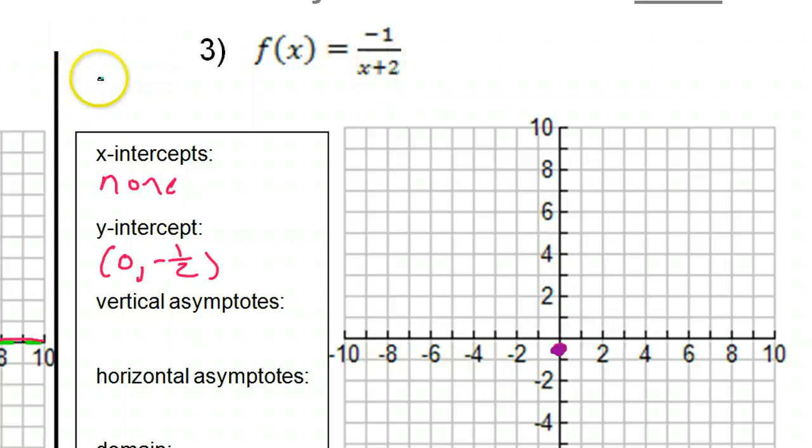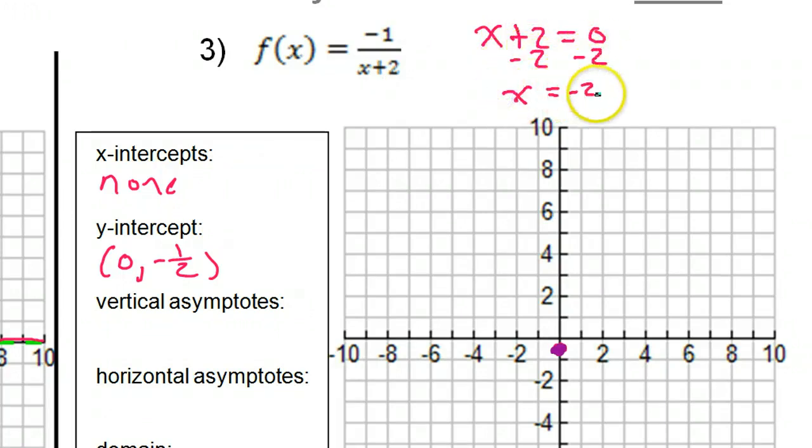That's why it's an asymptote, because that's undefined. So if x plus 2 were equal to 0, then that means x would equal -2. So there's my vertical asymptote. You must put x equals -2, not just -2.